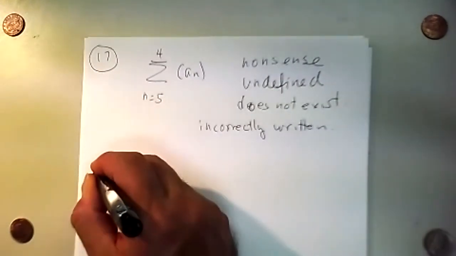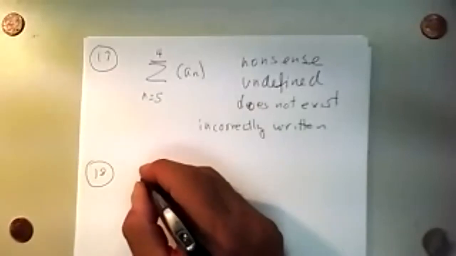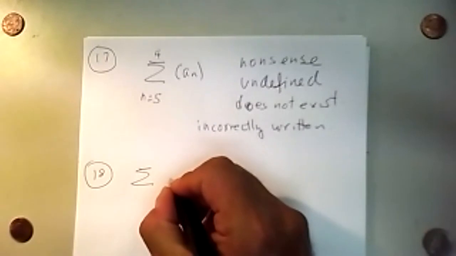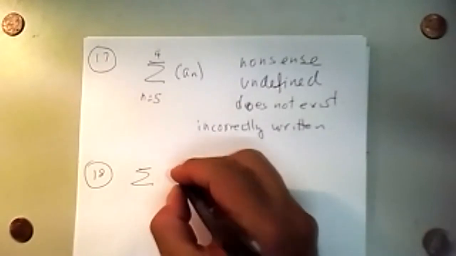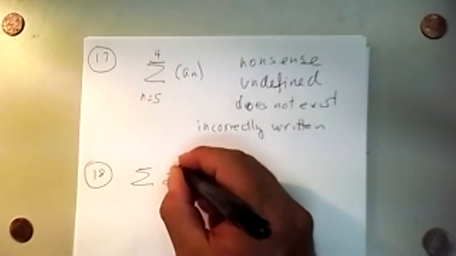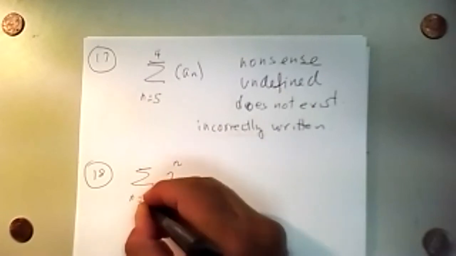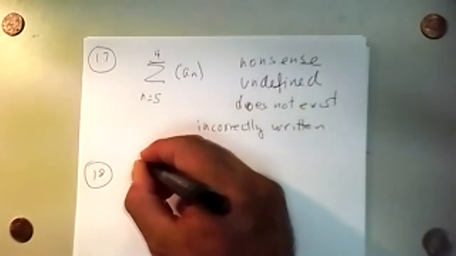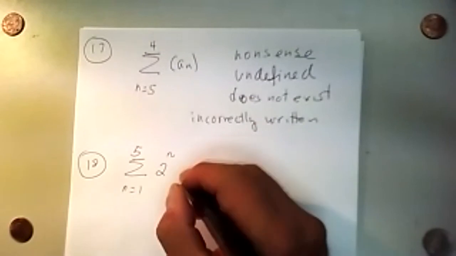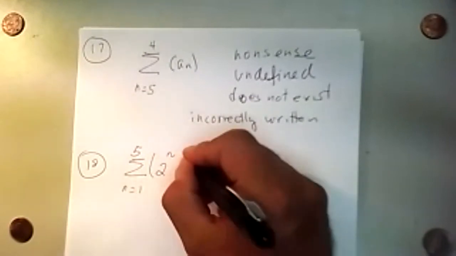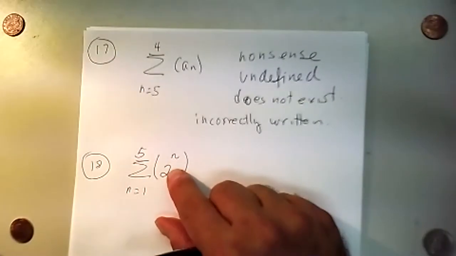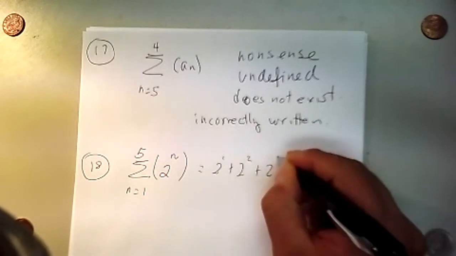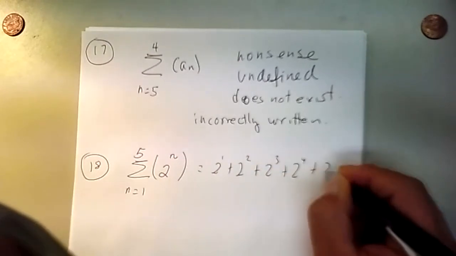Other sums that are widely known are these ones. 2 to the n, say start with 1 and let's end with 5. Sometimes I like to put parentheses, and a lot of people don't, but that means 2 to the n. So that means 2 to the 1 plus 2 squared plus 2 cubed plus 2 to the 4 plus 2 to the 5.